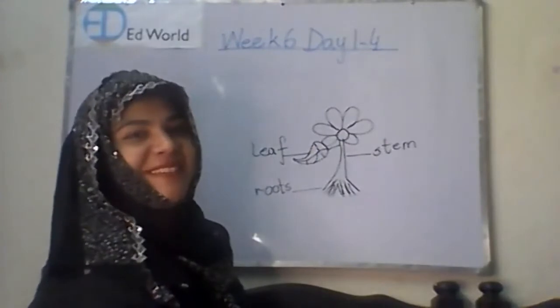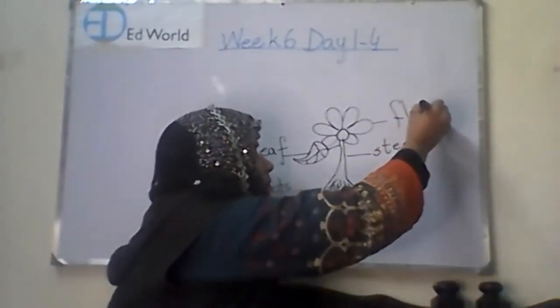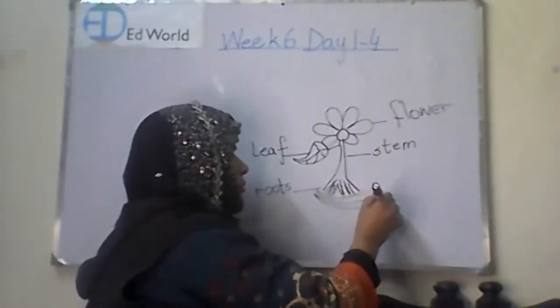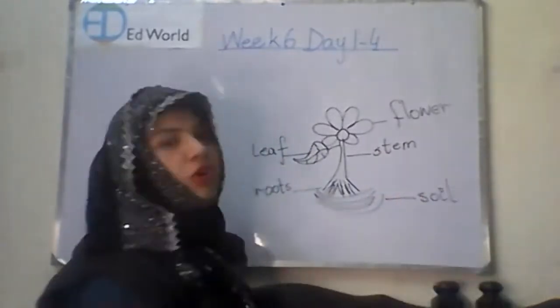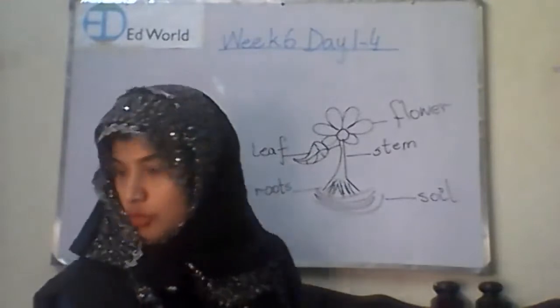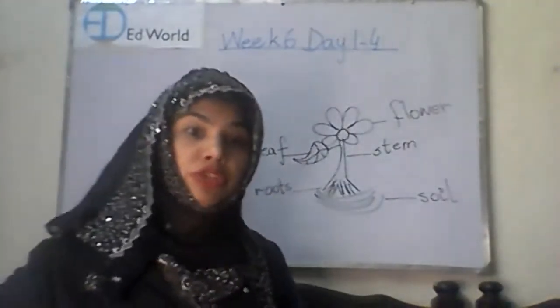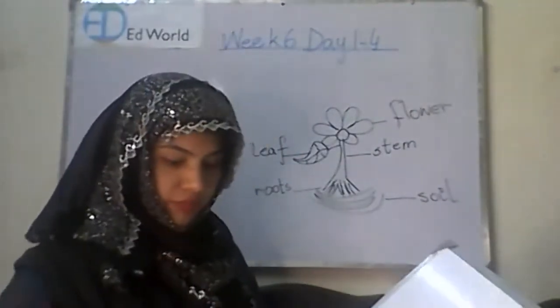I have made a nice plant. And this is a flower. This whole place can be called soil. I'm going to draw this flower again on the board near you, and then I will be drawing it on your other board also.